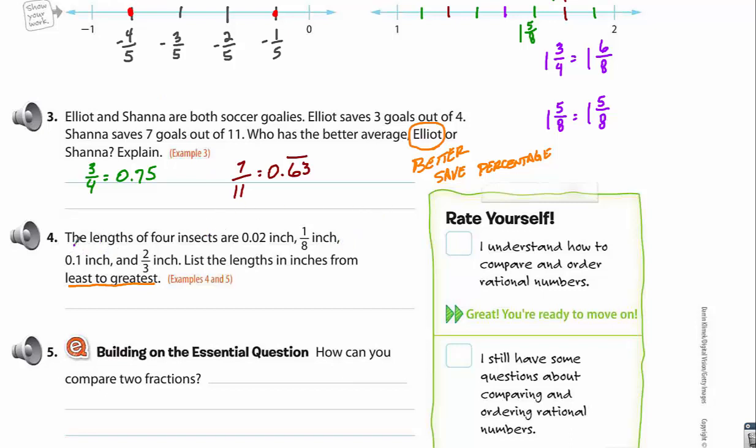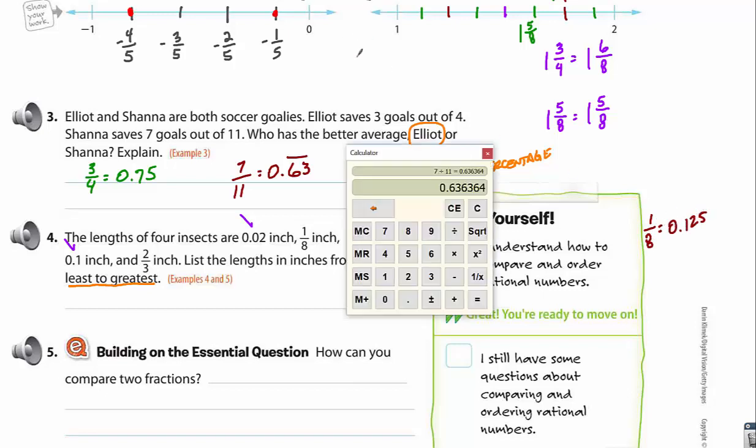Well, 2 of these are already in decimals. So I'm going to make everything decimal. So I've got a 0.02. Let me skip the 1/8 for just a minute. I've got a 0.1. Of these 2 right now, this one's bigger, which means that one's shorter. Now let's just do the 2 fractions. 1/8 is 0.125.